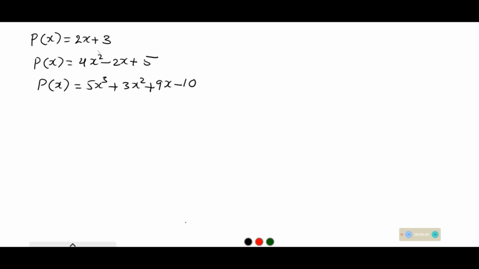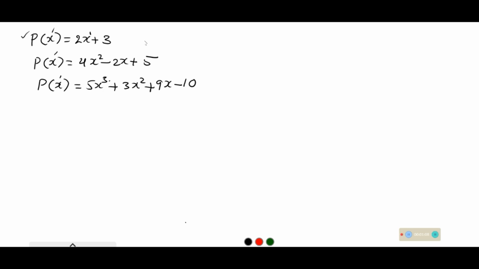Here I have written 3 equations, all single variable polynomial equations. The first has maximum order 1, the second has maximum order 2, and the third has maximum order 3.